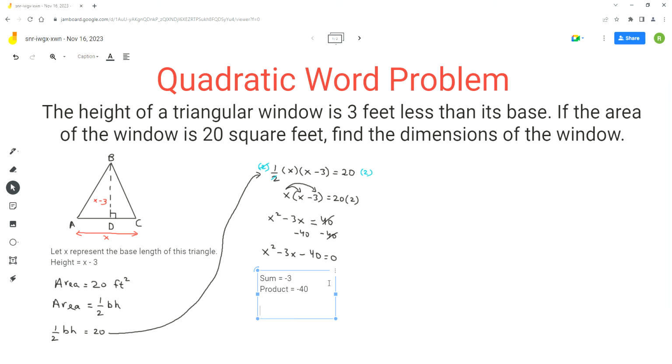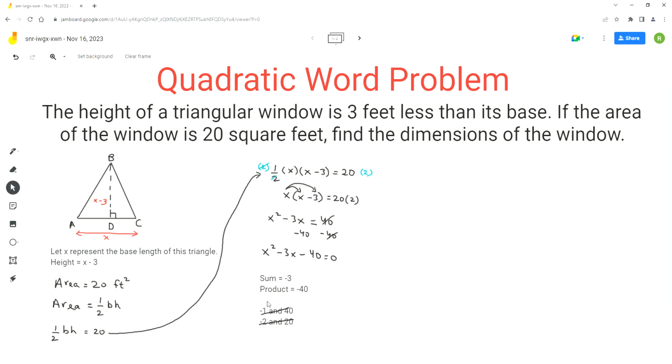The first pair of numbers that comes to my mind is -1 and 40. But we cannot get a sum of -3 from -1 and 40. So this pair is out. The next possible pair whose product is -40 is -2 and 20. But again, we cannot get a sum of -3 from -2 and 20. So this pair is also out.